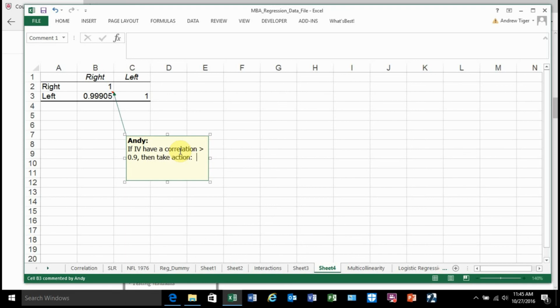Take action usually means remove one of them, remove one of the independent variables, or you could take the average of those, use an average of the two. There's different ways that you can convert this to a single independent variable, either by removing one or trying to come up with a way that's a formula of both of those. Okay, thanks.